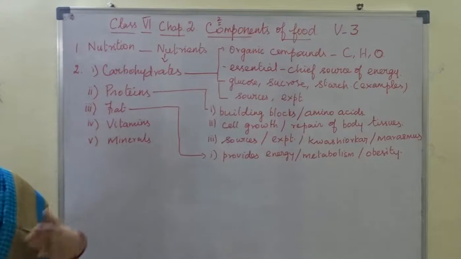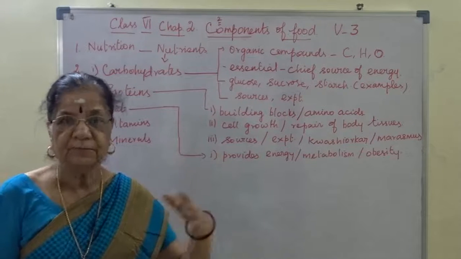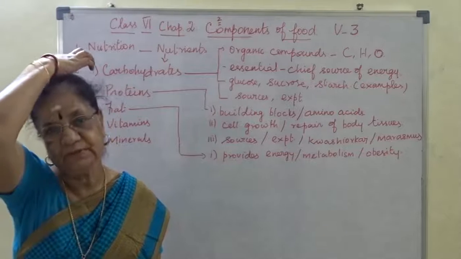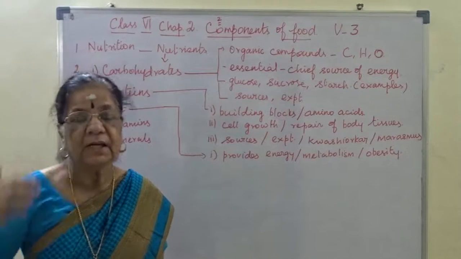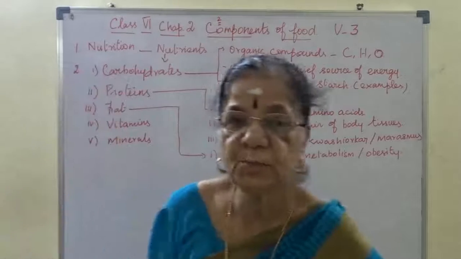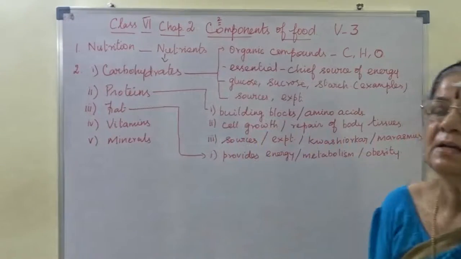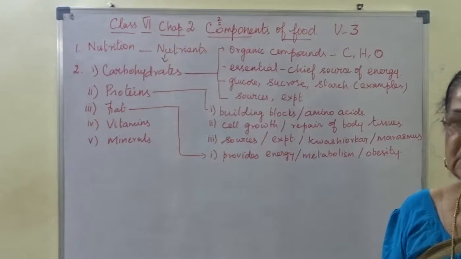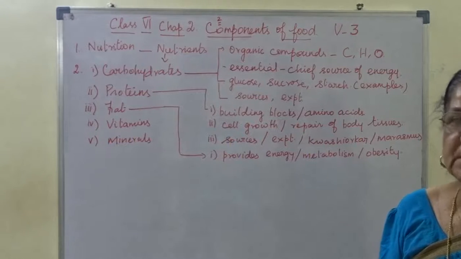And this nutrition, as we go through further chapters, we will learn, is autotrophic nutrition by the green plants, and heterotrophic nutrition by the animals and certain non-green plants.